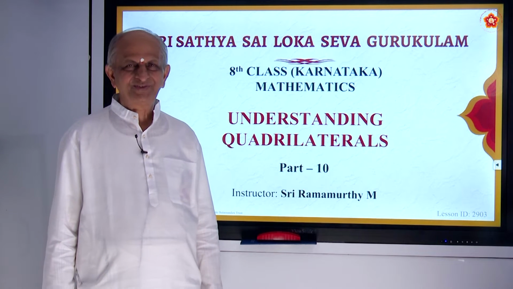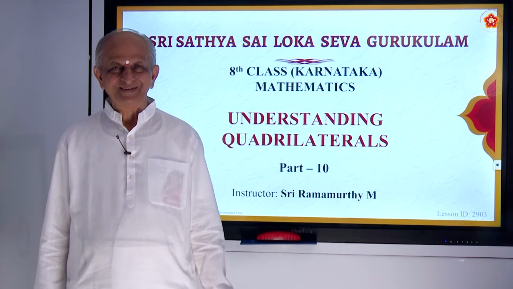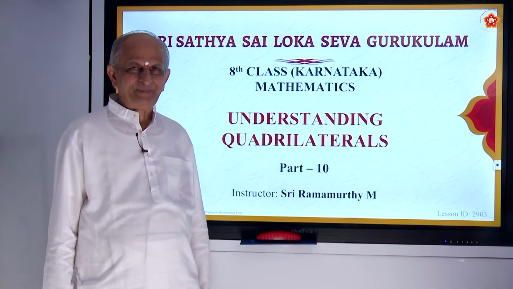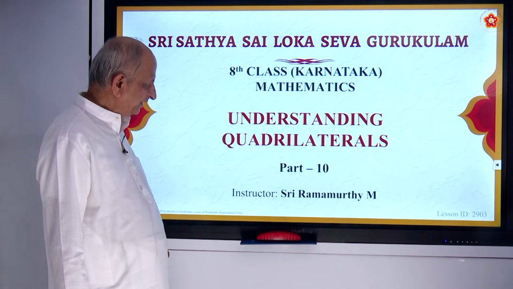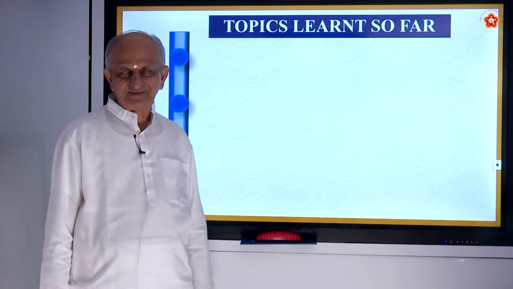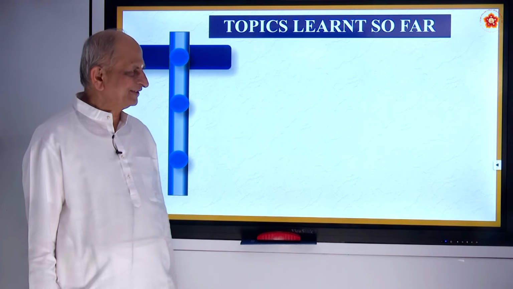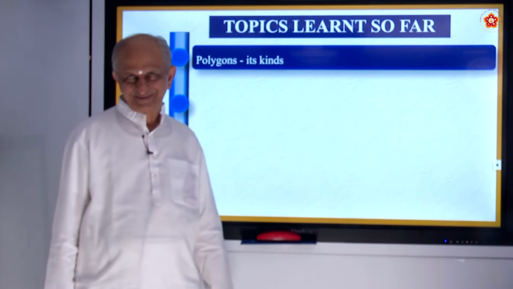Of course, you can see me, I cannot see you, but you can see each other in the form of mathematics. So, we are coming to the last topic of this lesson on understanding quadrilaterals. As far as the present condition, we have studied about polygons.